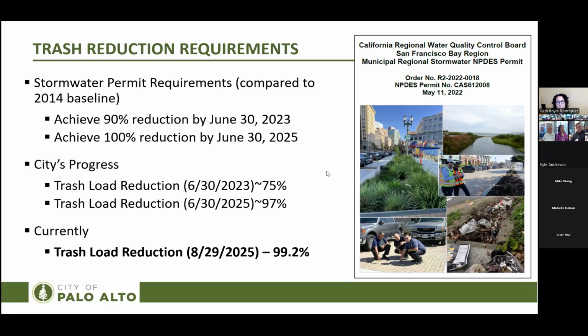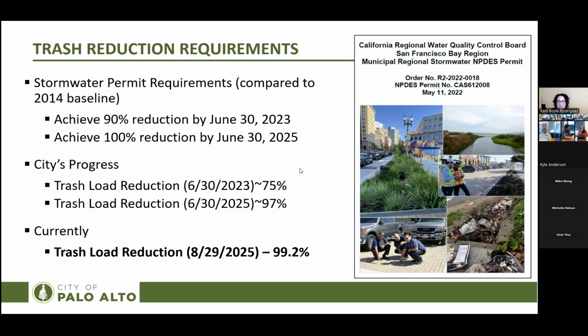So what happened was that... Sorry, my question is, what's the impact, if any, of not reaching 100%? Like 99.2% is impressive, to say the least. Yes. So we didn't reach 90% in 2023. We got to 75%.